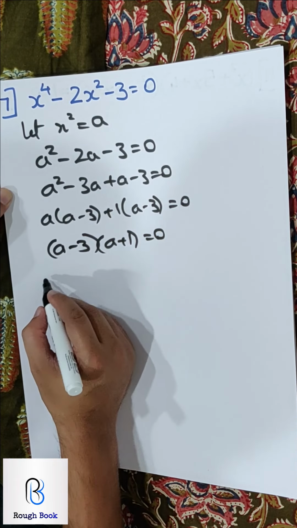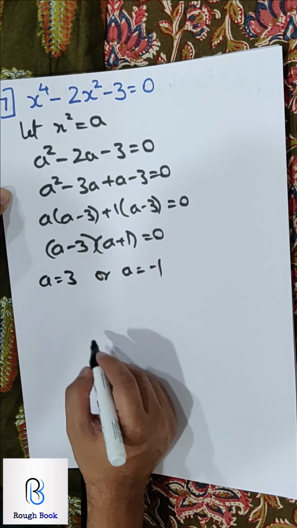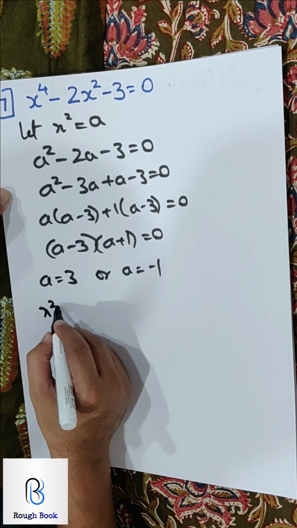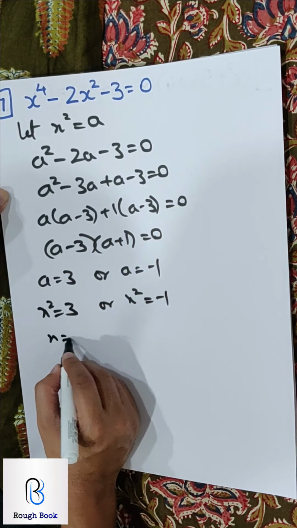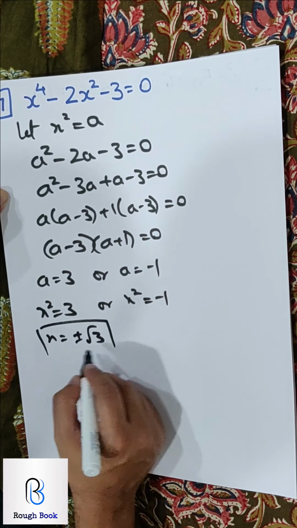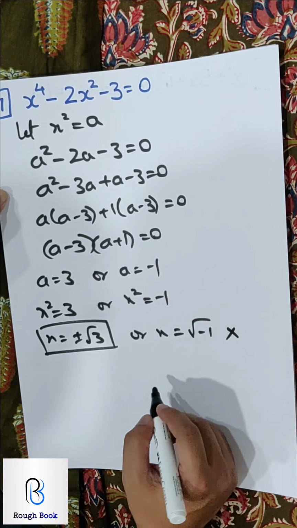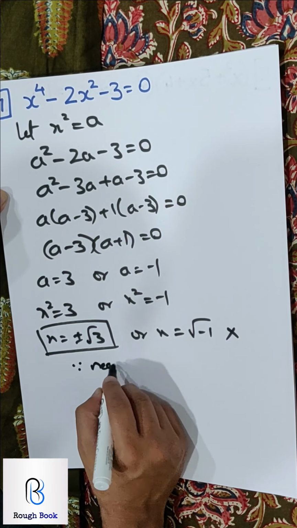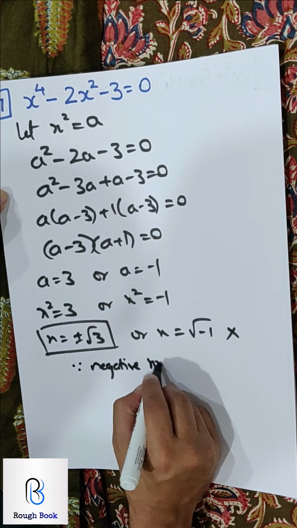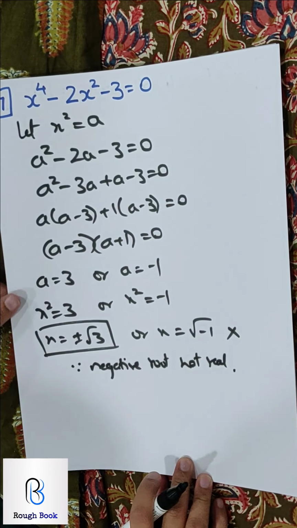Resubstituting. So before that I'll say a is 3 or a is negative 1. So a is x square equals 3 or x square equals minus 1. So x becomes plus or minus root 3 or x becomes root of negative 1, not possible. Since negative root is not real, you remember we did that, a negative in the root is not real.